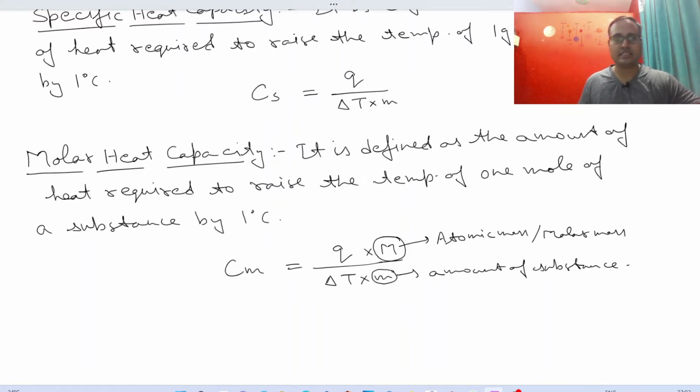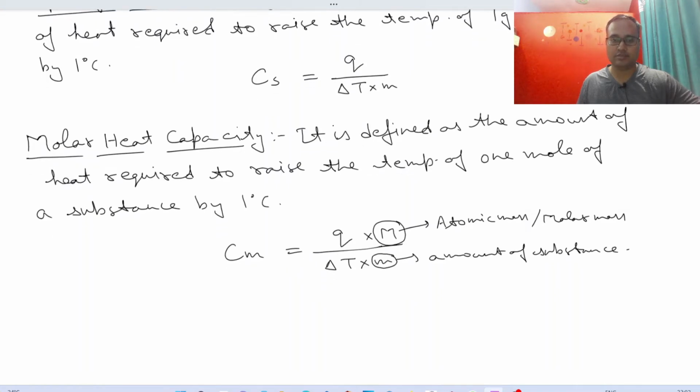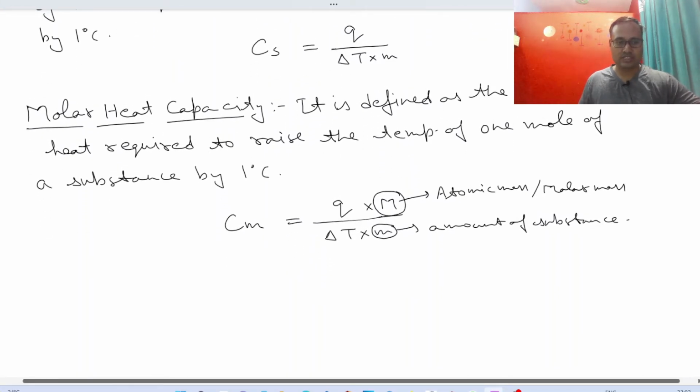Let us understand the difference between these three heat capacities by taking an example.